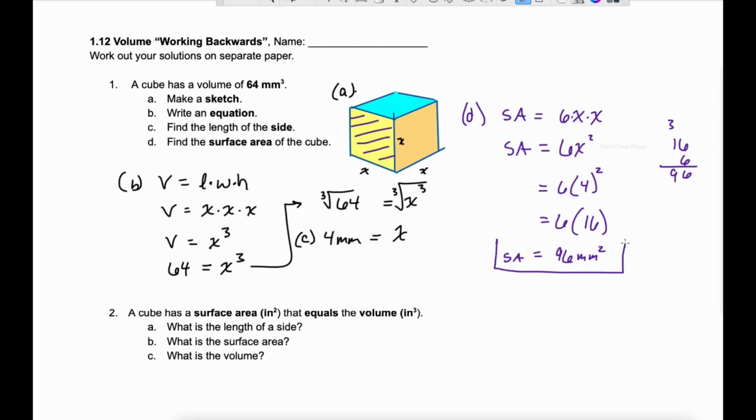And we just did part D. So A, we made a sketch. We wrote an equation. We solved for x by taking the cube root, which was 4. Then we substituted the 4 into our surface area equation: 4 squared is 16, 6 times 16 is 96 millimeters squared. And that's it.